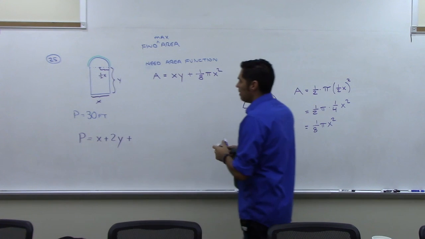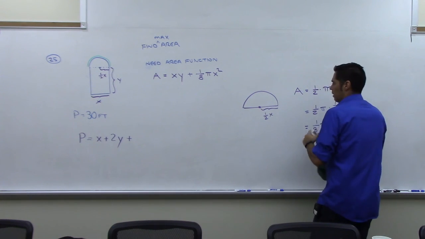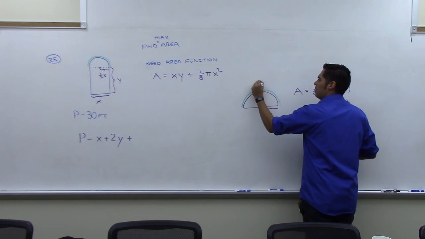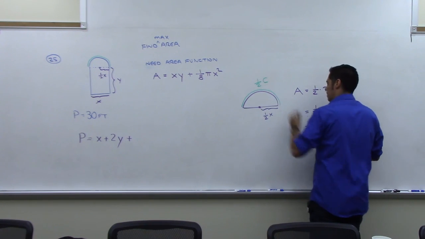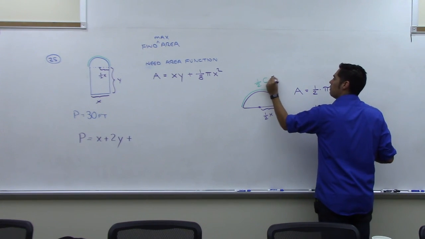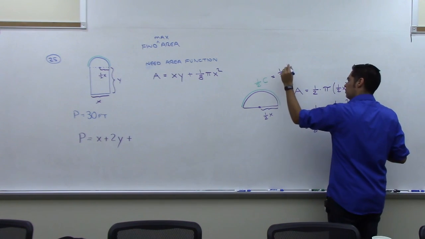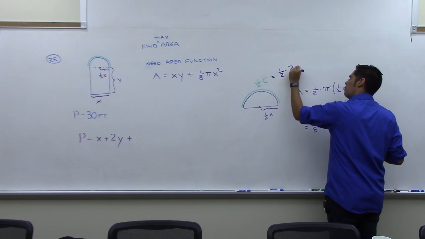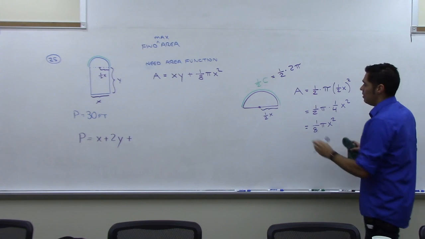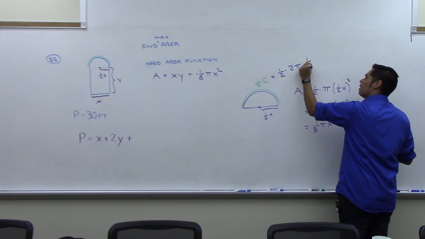So what is the length of that? So back to this over here. This right here is half the circumference, right? Now the circumference of a circle is 2 pi r. So r in this case is half x.